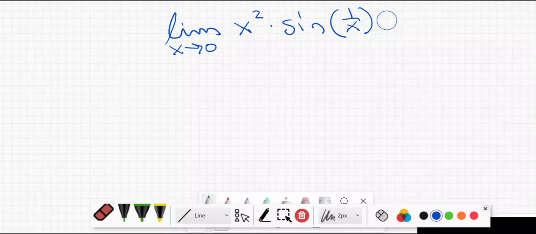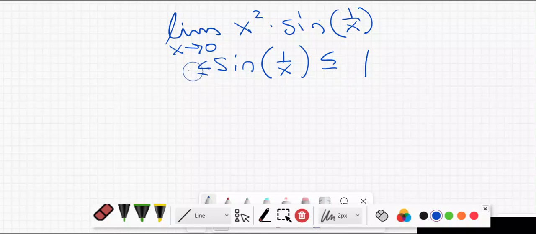So things that we know: sine, no matter what it's of, is always in between 1 and -1. And so what we can do is bound it by a top and bottom function.